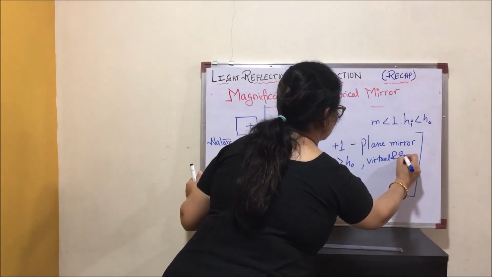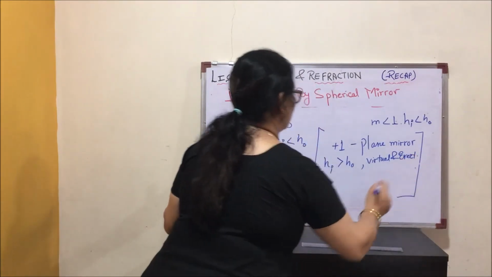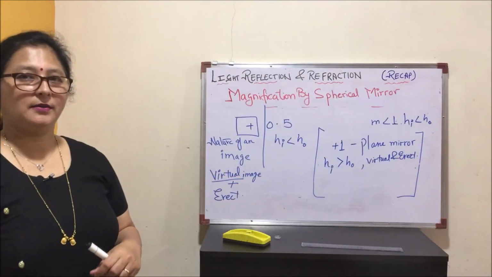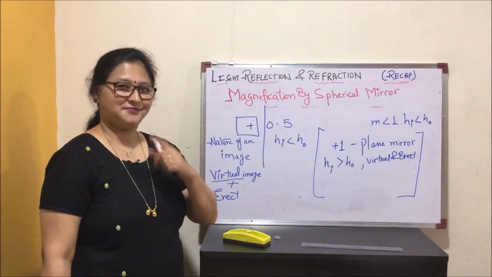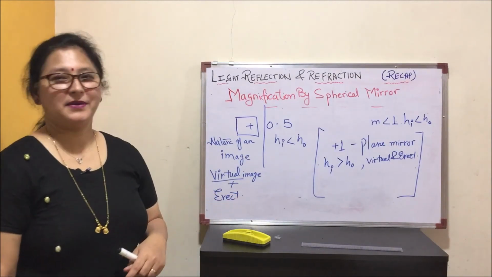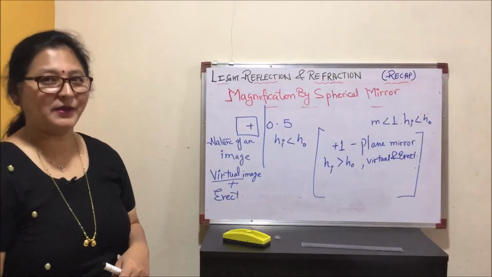If it is virtual, it has to be erect. In this case, what should be the mirror? In this case, the mirror has to be a concave mirror.